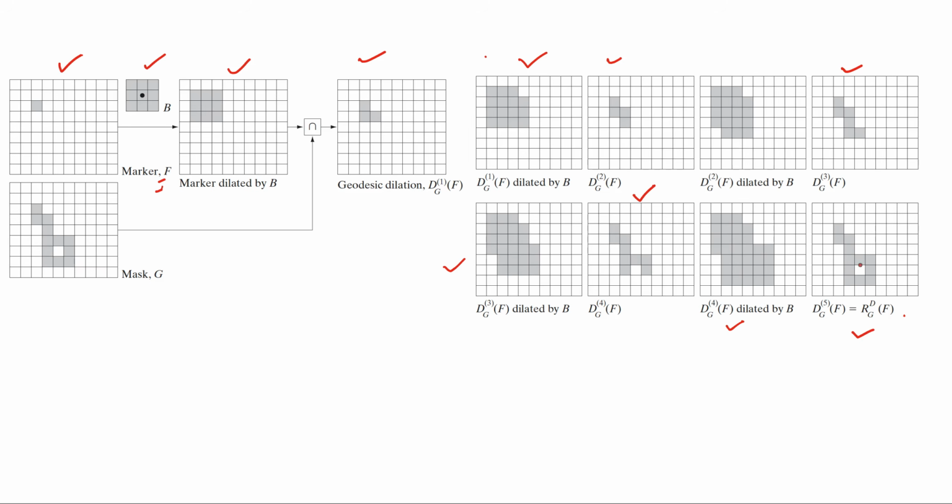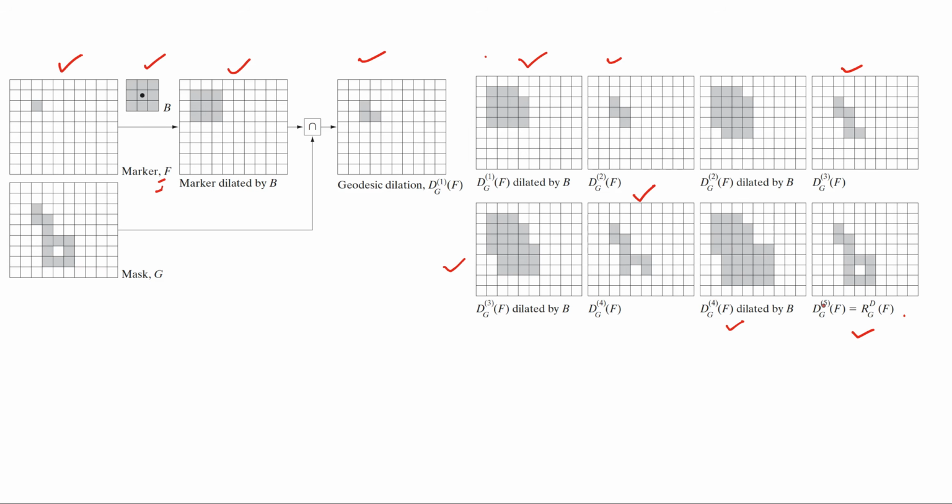So you can notice that when you take the dilation of this image with this structuring element, the image will grow, but the moment you take the intersection with this mask, the result of that intersection will look like the shape of the mask. Okay, so that is the point where you stop the process of doing the geodesic dilation over and over again.